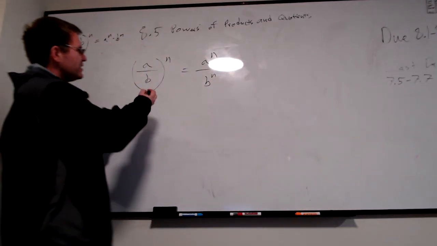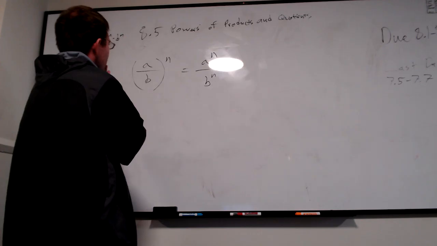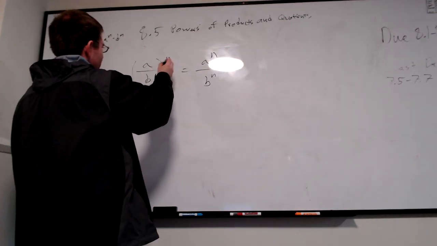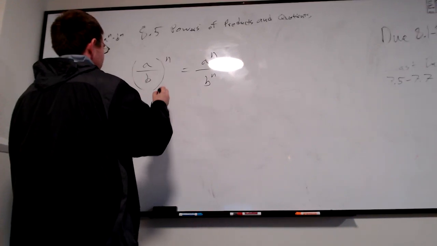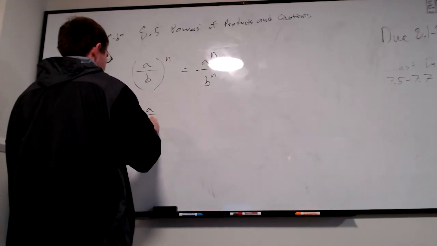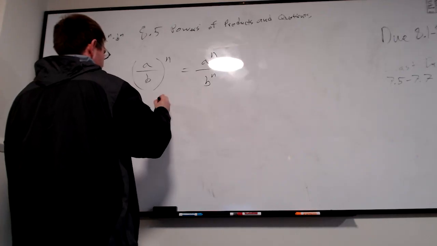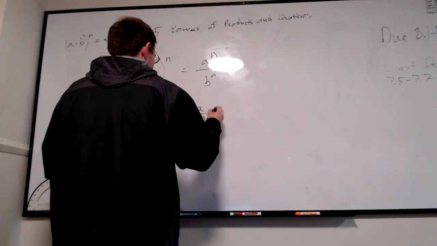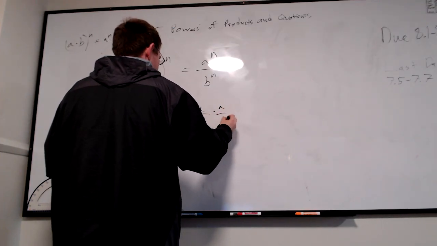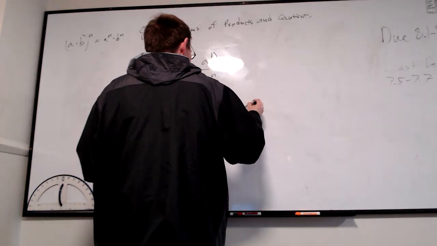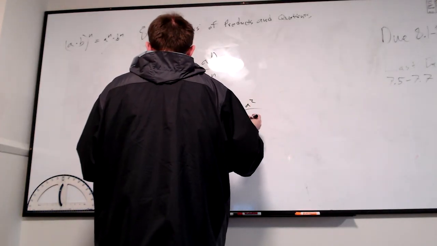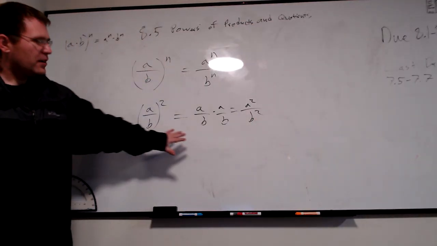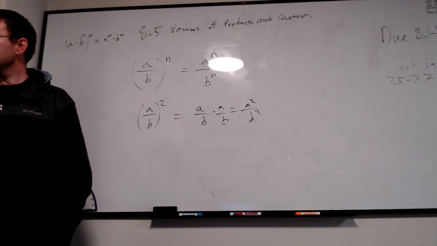Does this make sense? Because if this was 2, like A over B to the 2, that would be the same as A over B times A over B, which equals A to the power of 2 over B to the power of 2. See how that works? Yes, sir.